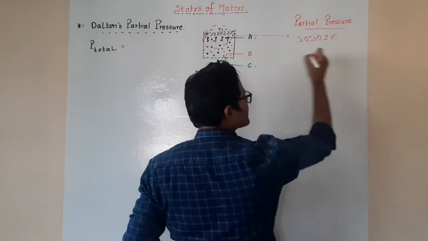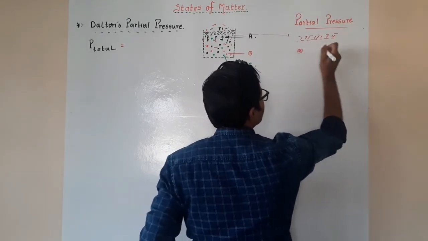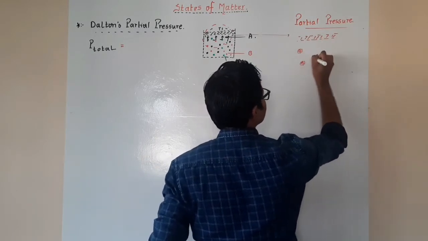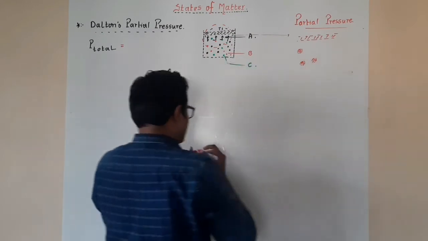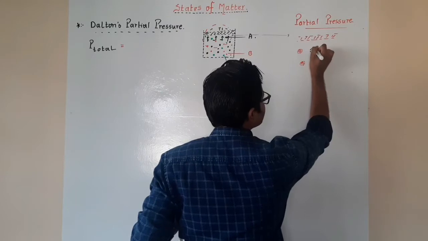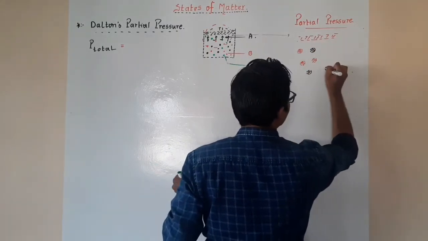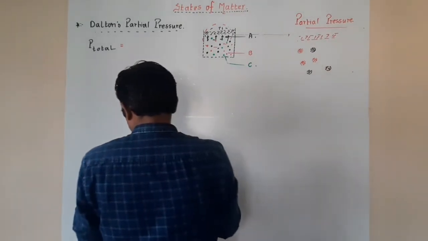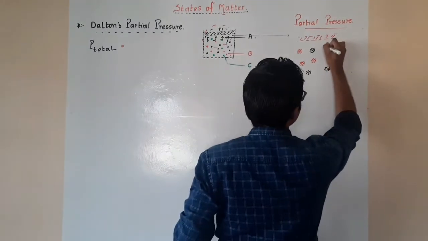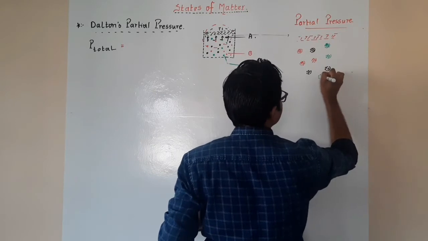And there are several molecules, out of which one of the molecules that I'm going to take is a B molecule, let's say. Now there is a second molecule, the A molecule over here. There are several more gaseous molecules of A also over here. Okay, and let's say that this is the third type of gaseous molecule, the green one, that is the C molecule.